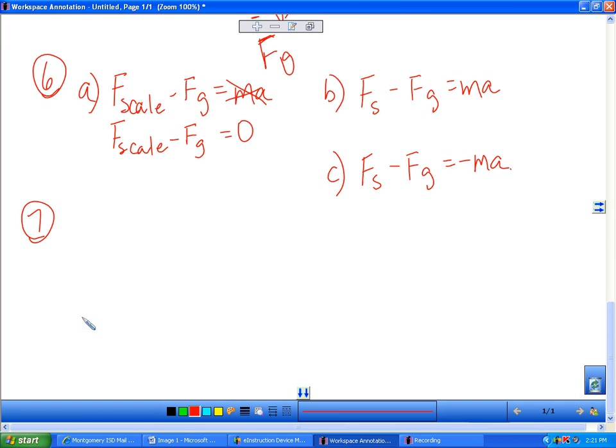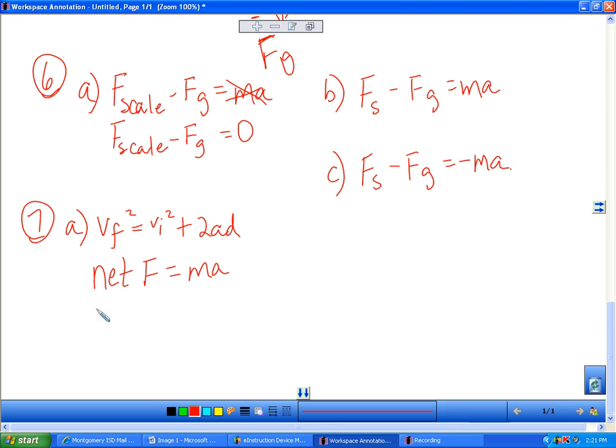Number 7 says the driver of a 500 kilogram sports car heading directly for a railroad crossing 250 meters away puts the brakes on. The car is moving at 40 meters per second, and the brakes can apply a force of 1,200 newtons. How fast will the car be going when it reaches the crossing? So I'm looking at VF squared equals VI squared plus 2AD, but I have to find the A. Well, the only force that's going to stop this thing is the net force of the brakes.